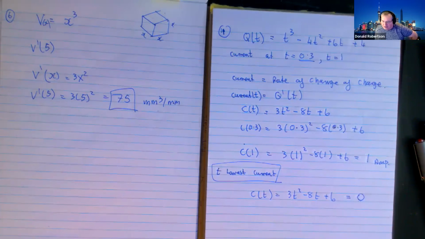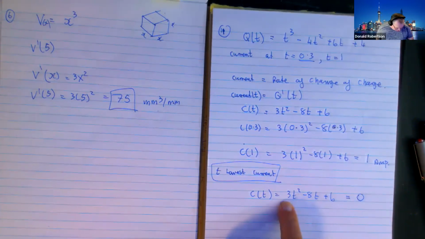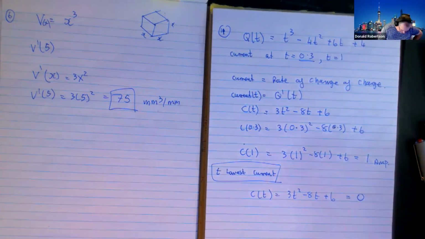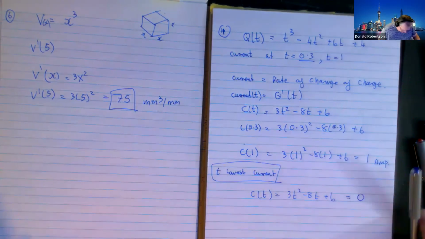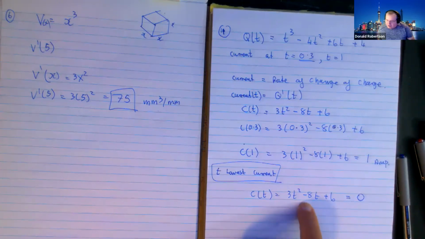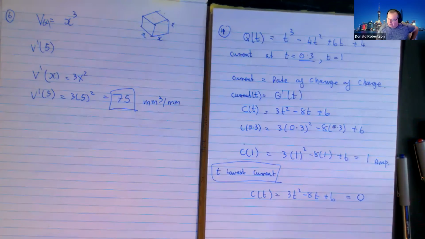Please, nobody invent negative current. That's just going to screw this up. So I'm basically trying to solve this, aren't I? And, oh, I could factor it, couldn't I? What other choices have I got? Quadratic formula. And last but not least, Desmos. Yes. So let's do Desmos. Because I don't think that factors, but if it does, that's fine.